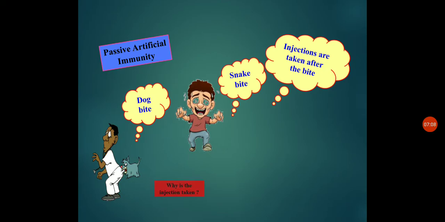What exactly do they inject, and why is the injection taken? Because these injections are nothing but ready-made antibodies against the dog bite, and also in the case of snake bite.